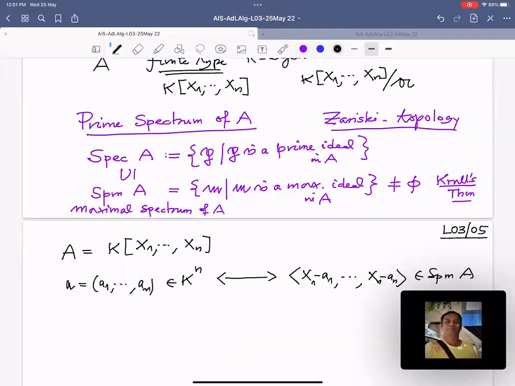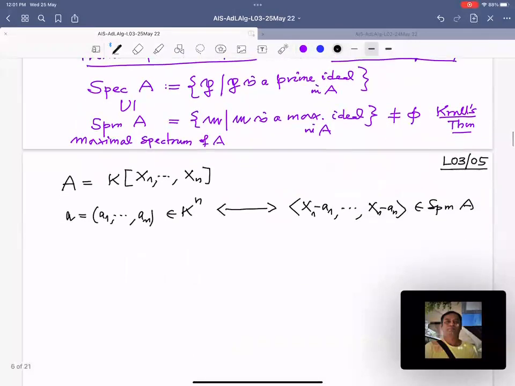Well, these are not all maximal ideals. One might think that these are all maximal ideals, but that's not true. For example, our interest is K equal to the real numbers, and suppose I take even n equal to 1 and the polynomial x squared plus 1.